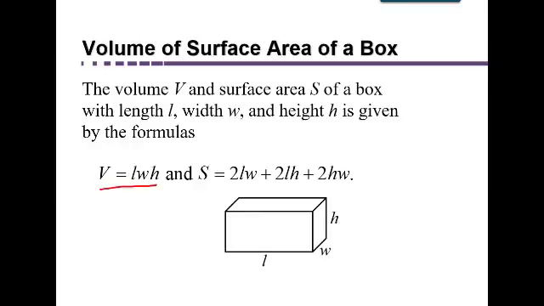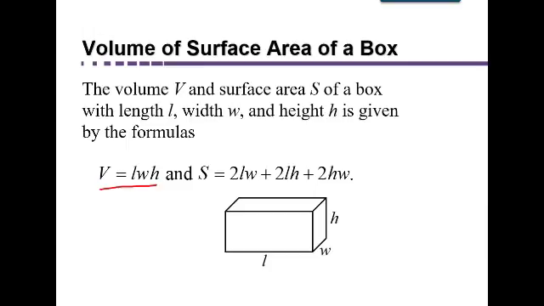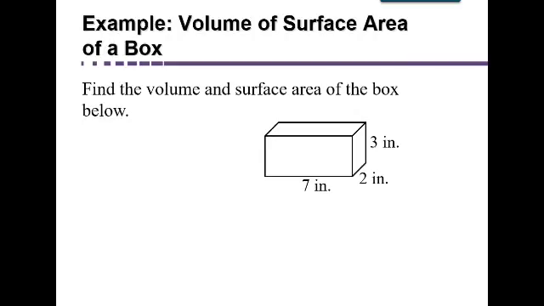Now the surface area is a lot different from finding the volume. Actually, we'll come back to the surface area in a minute. Let's go ahead and find the volume of this box, and then we'll talk about the surface area. All right, so to find the volume, we said you just use volume equals length times width times height. So in this case, the length is 7, the width, which kind of looks like it's going into the screen, is 2, and then the height is 3.